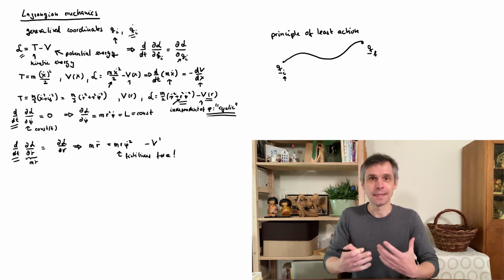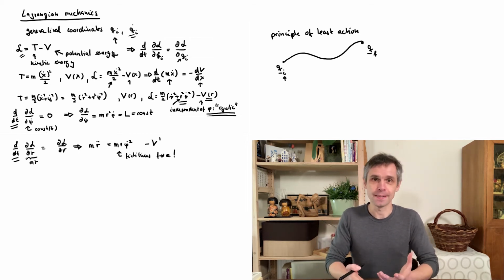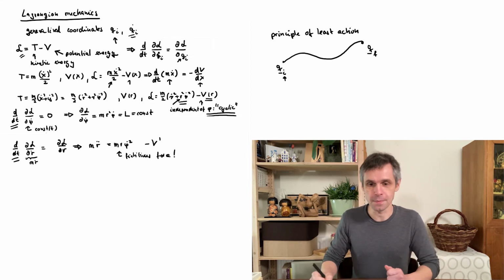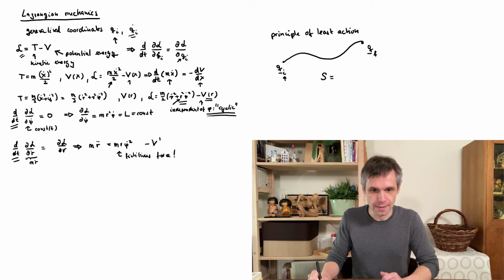And now we could pretend that we don't know which curve this is and evaluate a certain number for any possible curve in this space. This number is called the action, and it's simply defined as an integral over time of the Lagrangian, where we just take all these positions and their derivatives as a function of time, and there might be a time dependence in it itself.